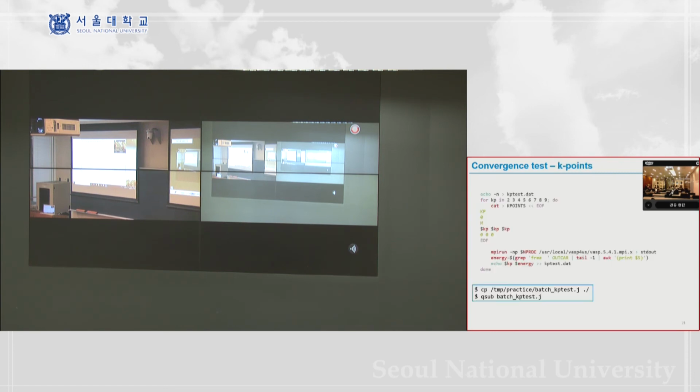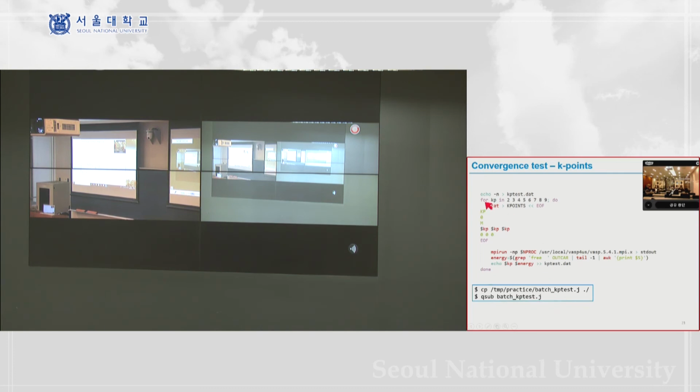This is the same as the convergence test of cutoff energy. We will not do this calculation because it takes some time. But you can just copy this file and submit this batch file to submit your job.